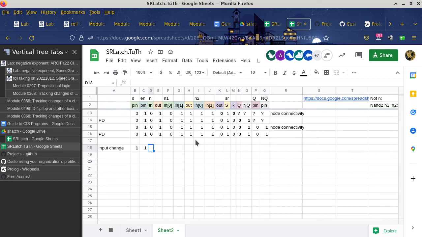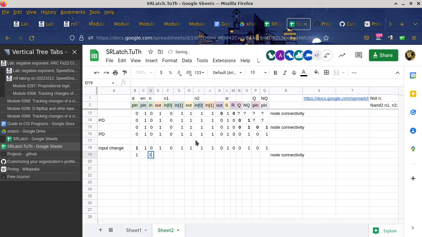All right, so the input change is, okay, so I'm just going to mirror the other ones for now because I want to really, really separate the steps and the phases so that way you guys can also fully understand what's happening. So now we have node connectivity and we update all the green ones, right?